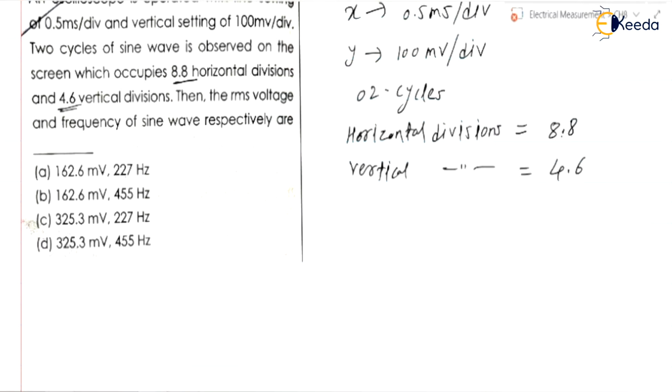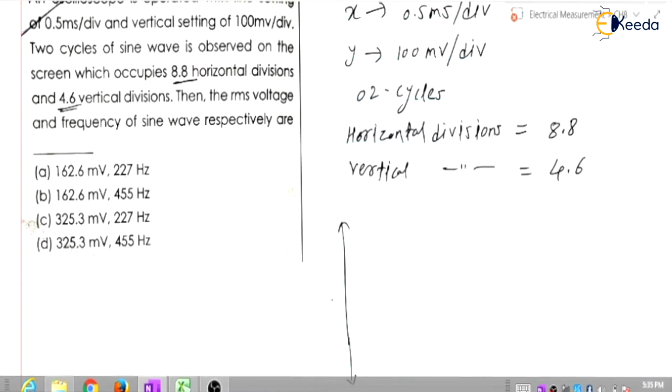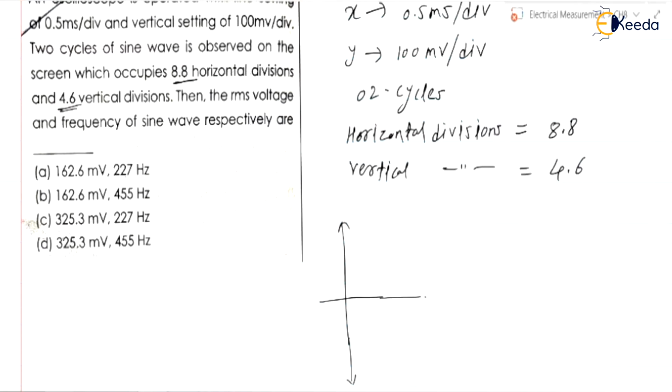Suppose we are having a waveform like this on the screen. It is showing 2 cycles of a sine wave. So here it is the first cycle, suppose this is the second cycle.